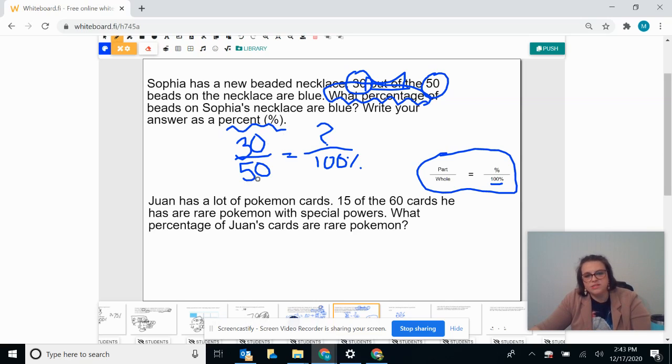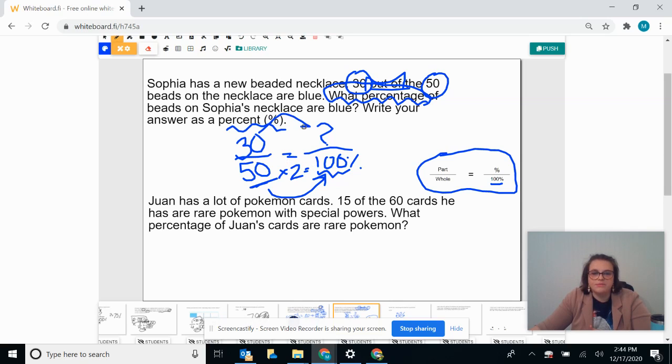Now, there are a couple ways to solve this. You could do our butterfly method when you multiply across, all right? Or you see that 50 goes into 100 evenly. So you could just go from denominator to denominator. And 50 times 2 equals 100.